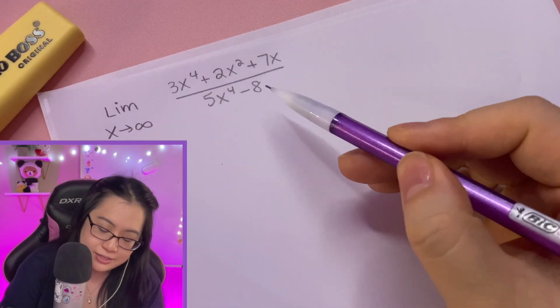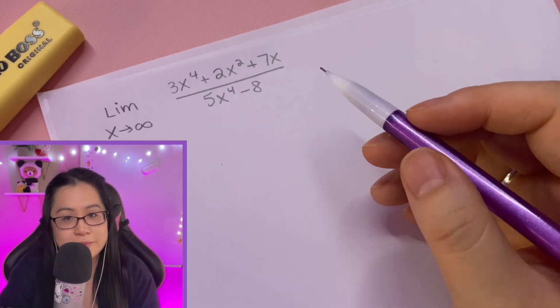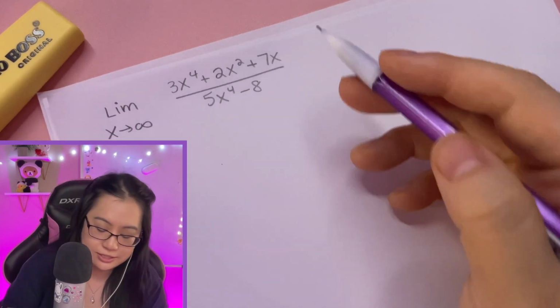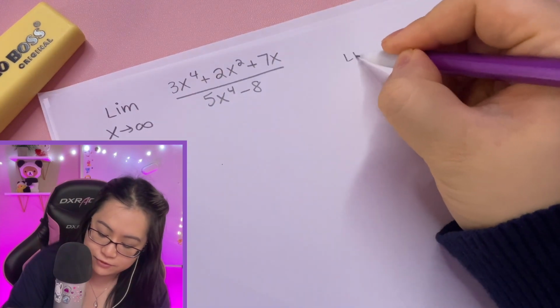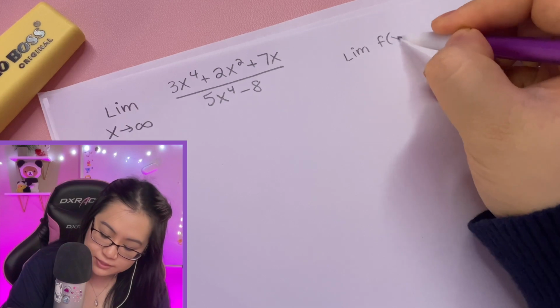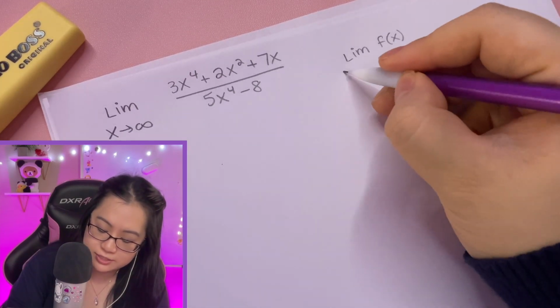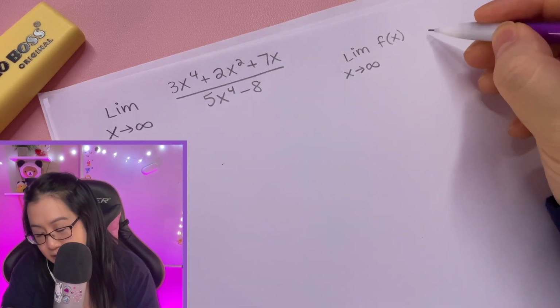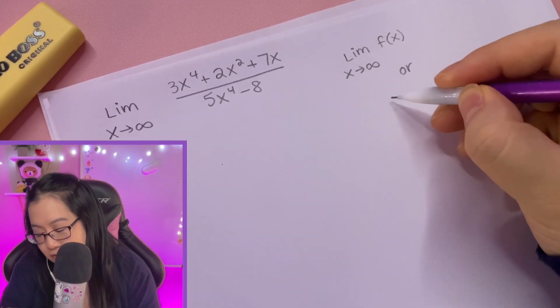And in this case, when I talk about a limit at infinity, it's just taking the limit of a function and taking the variable, in this case x, to either positive infinity or negative infinity.